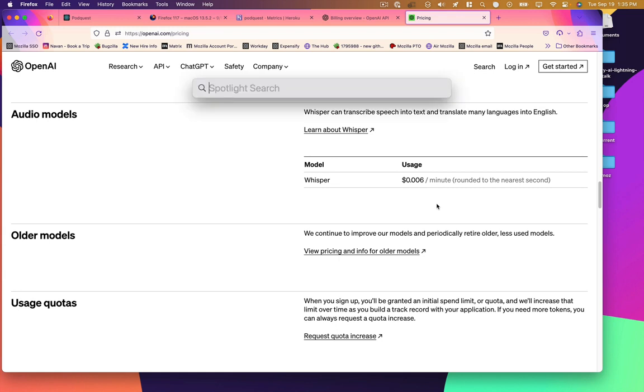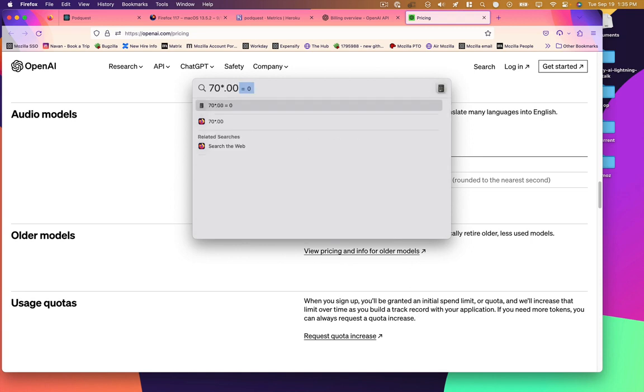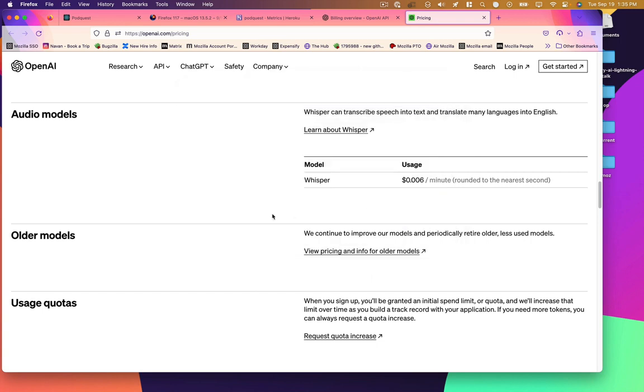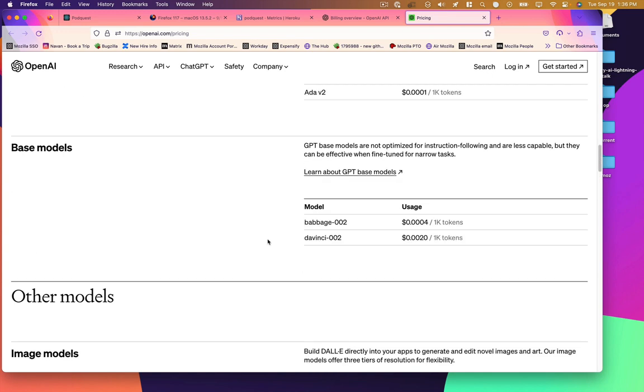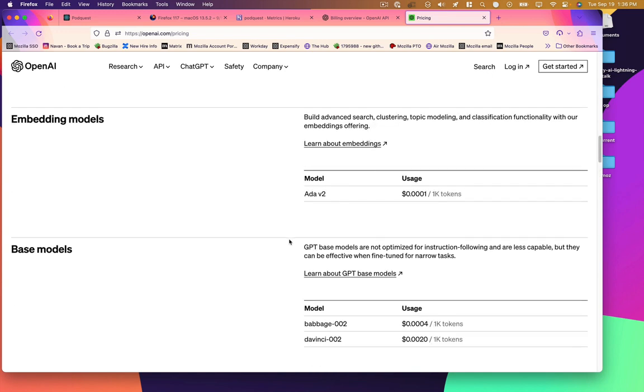So if we had, say, I think it was about 70 minutes of audio times 0.006, it's about 42 cents. We said we were only charged about 35, so I don't know. Maybe it's Discount Tuesday, or maybe our podcast was a little shorter than I thought it was.